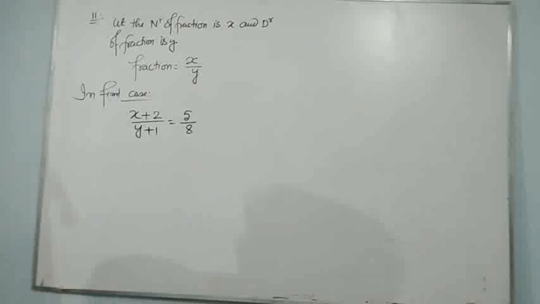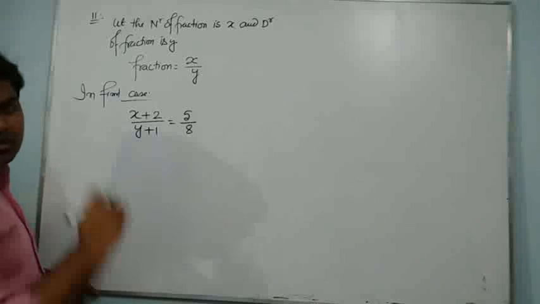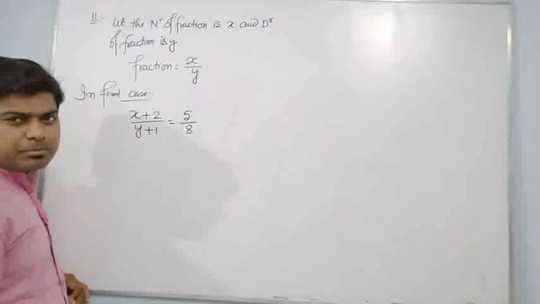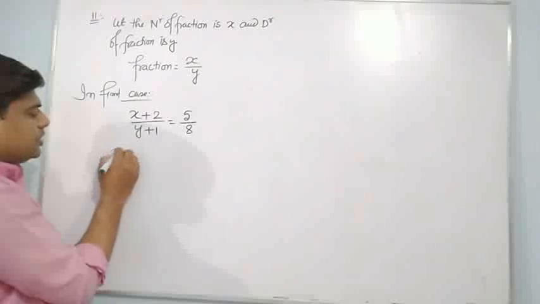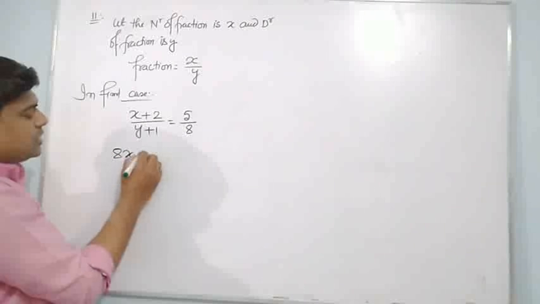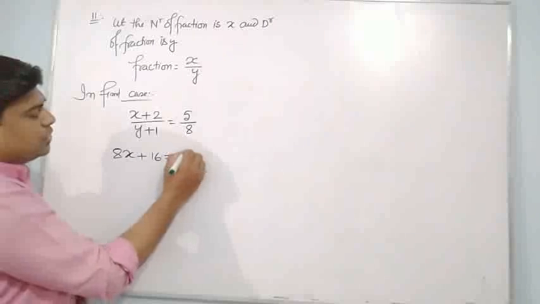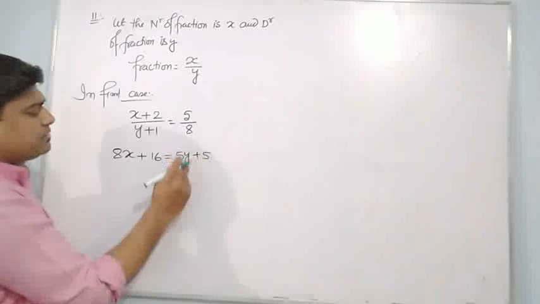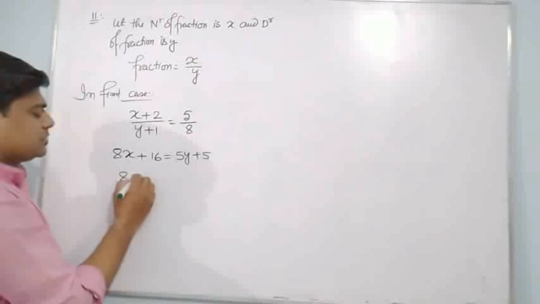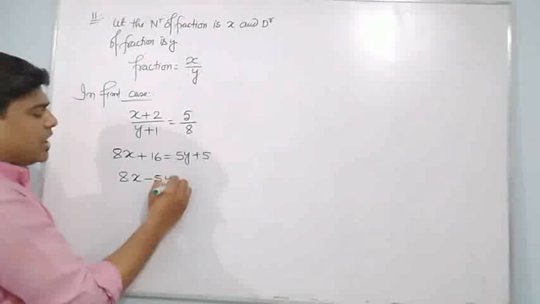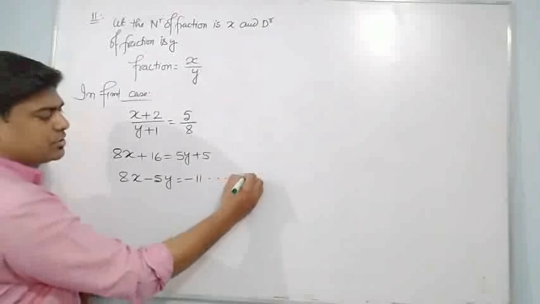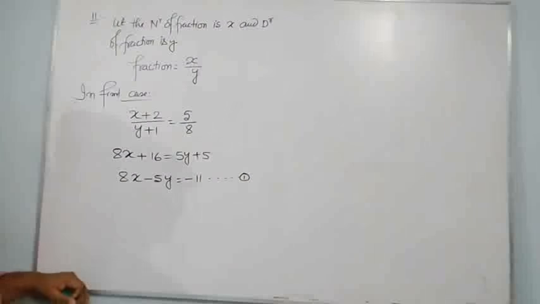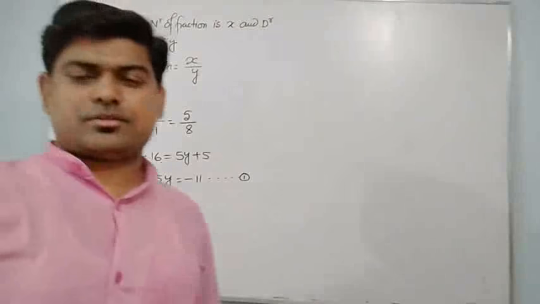It means x plus 2 upon y plus 1 is equal to 5 by 8. What should I do? We can do cross multiplication to simplify it. When I do the cross multiplication, 8x plus 16 is equal to 5y plus 5. After transposition, 8x minus 5y is equal to minus 11. Equation number 1. Okay, everybody has got it.